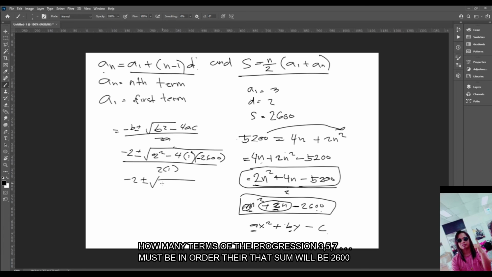So this is 24 minus, so this is positive. Okay, negative 4 times negative 2600 is going to be 10,400, over 2 times 1, which is 2. So here we will add 4 plus 10,400. Total 4, guys. No, wait. 4 plus 10,400 is 10,404.